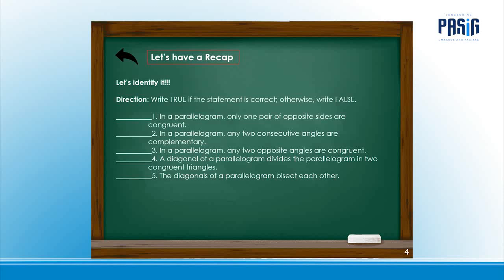In a parallelogram, any two opposite angles are congruent. Number 4. A diagonal of a parallelogram divides the parallelogram into congruent triangles. And number 5. The diagonals of a parallelogram bisect each other.